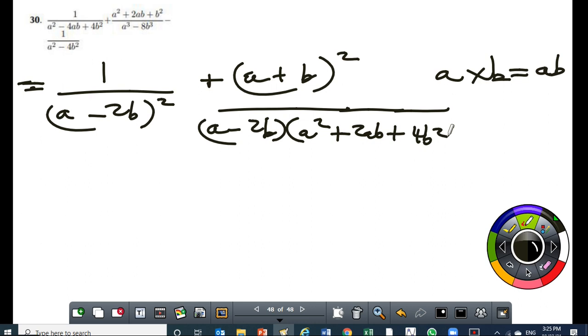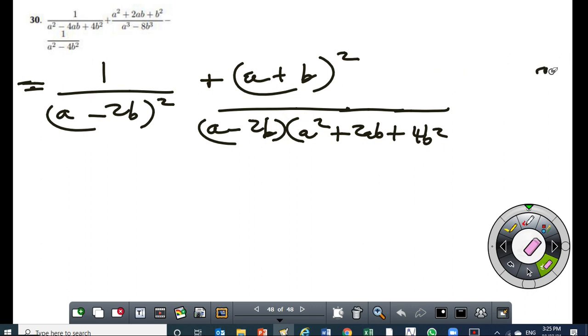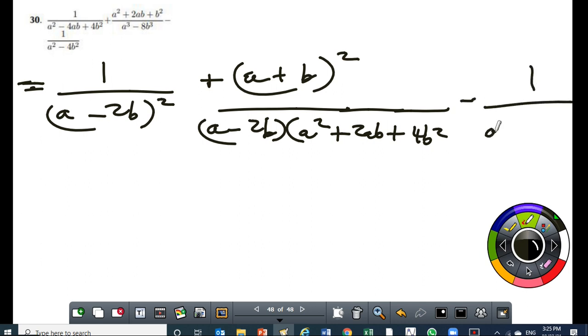Then we have this last fraction here. 1 divided by a squared minus 4b squared, it's a difference of 2 squares. So we can have 1 divided by a minus 2b times a plus 2b. I don't have enough space, that's why I'm writing like that.